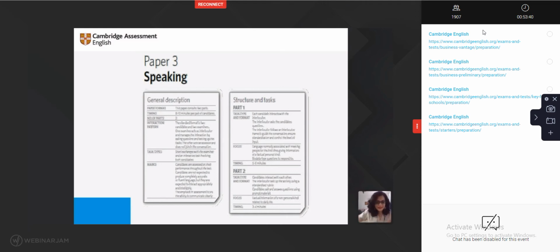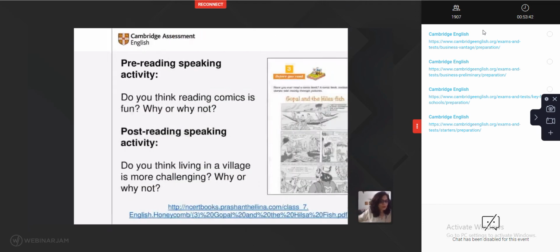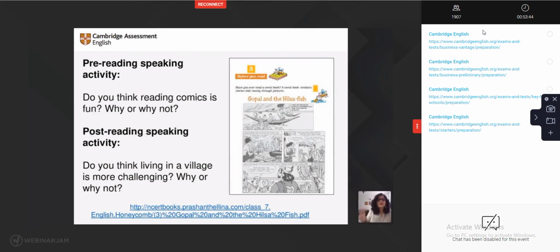Right now, just to give you an idea as to how you can integrate a KET task or a Cambridge English speaking task into your existing curriculum.